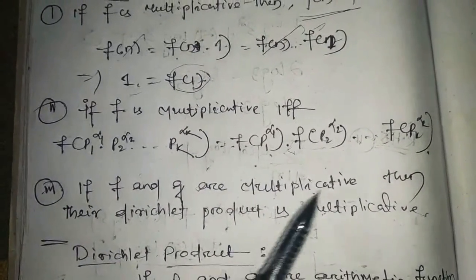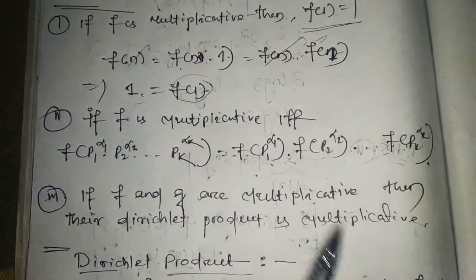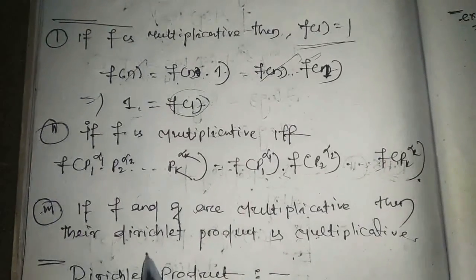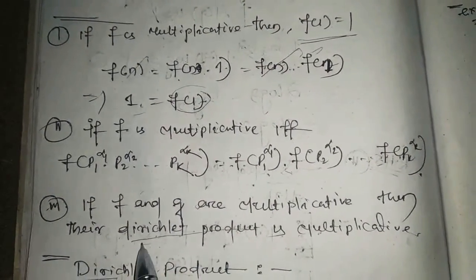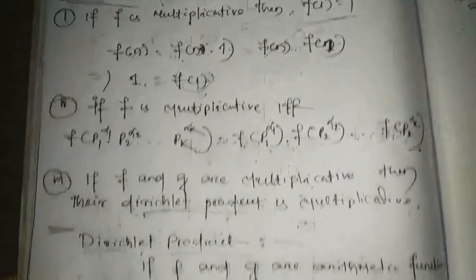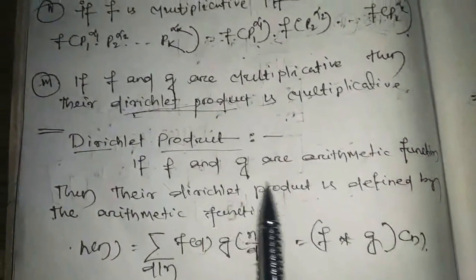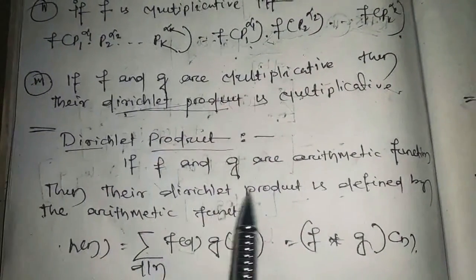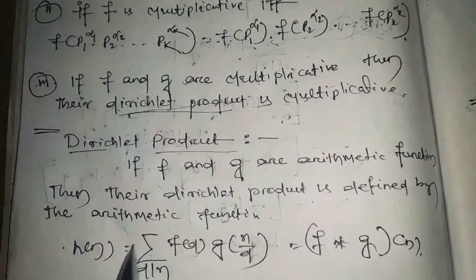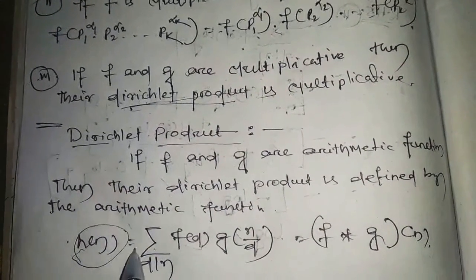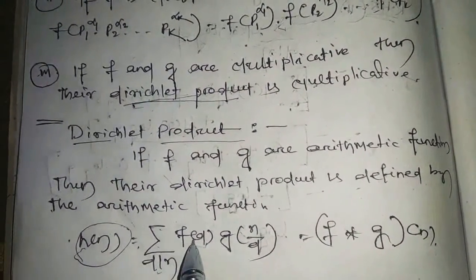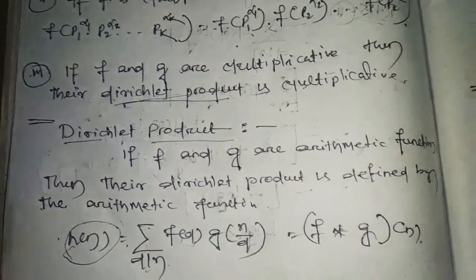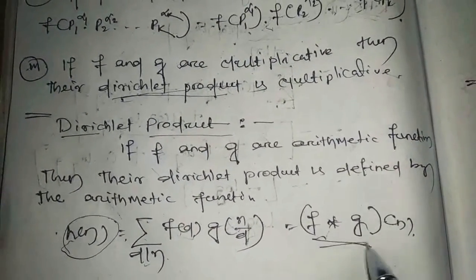If f and g are multiplicative, then their Dirichlet product is multiplicative. Here the new function is the Dirichlet product. And what is the Dirichlet product? If f and g are arithmetic functions, then their Dirichlet product is defined by the arithmetic function h of n, which is equal to the summation over d dividing n of f of d into g of n by d, and which is denoted as f star g.